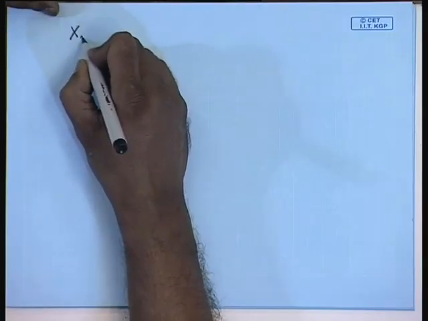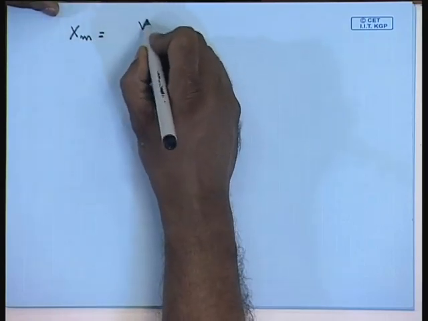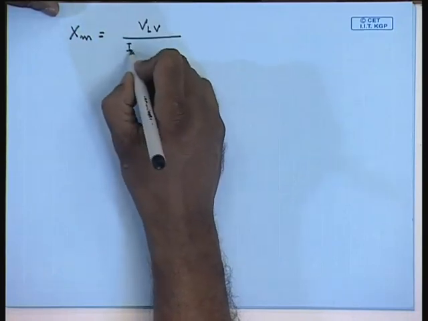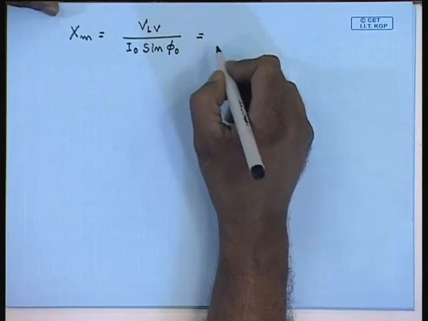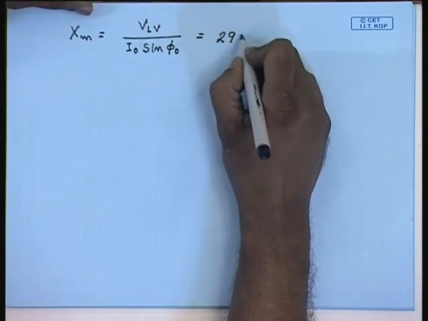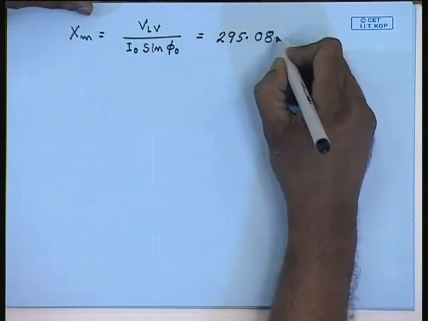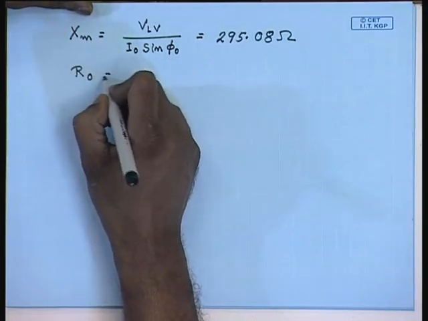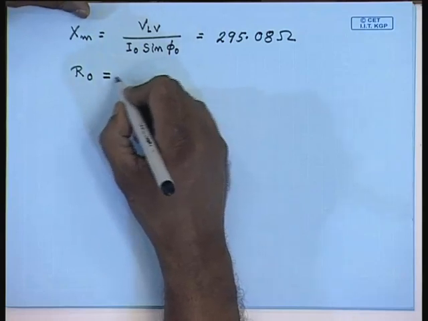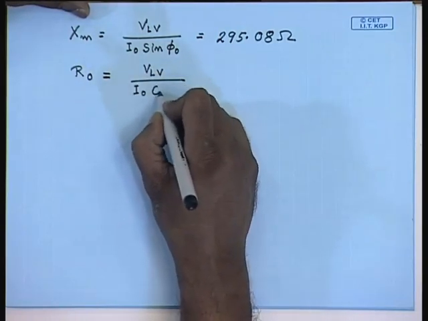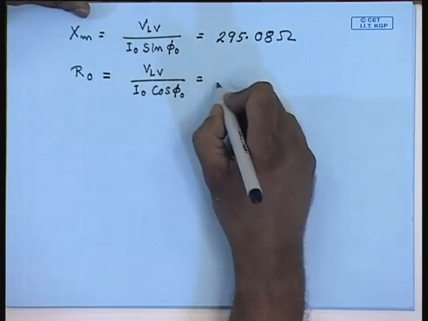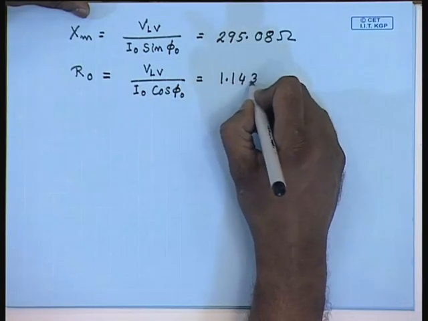From the given data, therefore, XM equals VLV divided by I0 sin phi 0, this comes as 295.08 ohm, and R0 equals VLV by I0 cos phi 0, this comes to 1.143 kilo ohm.